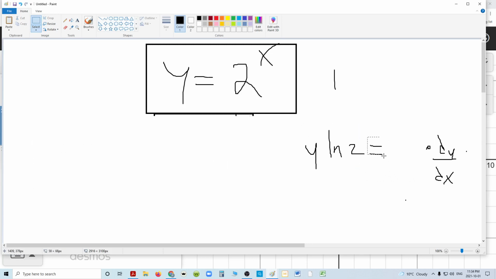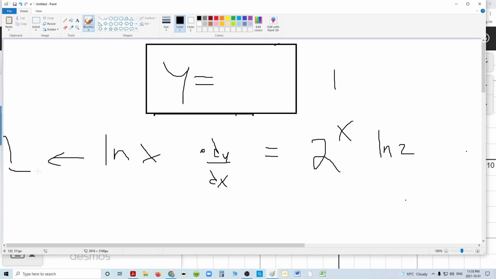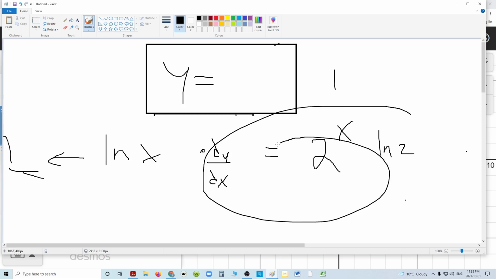I have that dy over dx is equal to y times ln of 2, which doesn't make sense until I realize I have the definition of y right up here. And I've essentially proven, using the reciprocal and using my knowledge of what the derivative of ln x is, that ln x's derivative is 1 over x. This is much easier for me to prove than to prove that.